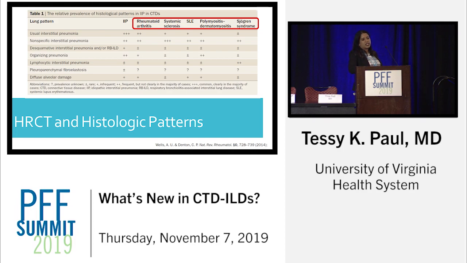So whenever you see UIP, it's important to not automatically think IPF and always rule out secondary etiologies. And otherwise, in general, the most common pattern is NSIP, and others to think about are AIP, although it's smoking-related, sometimes can be autoimmune disease-related, organizing pneumonia, LIP, DIP, etc.